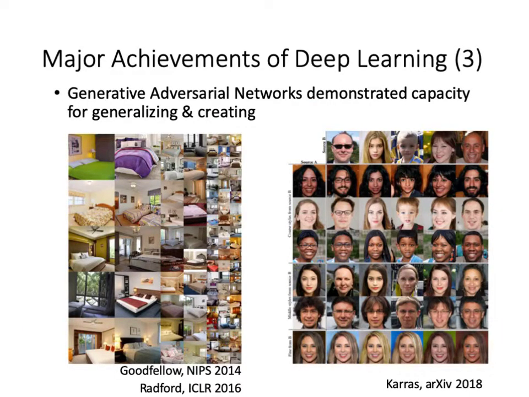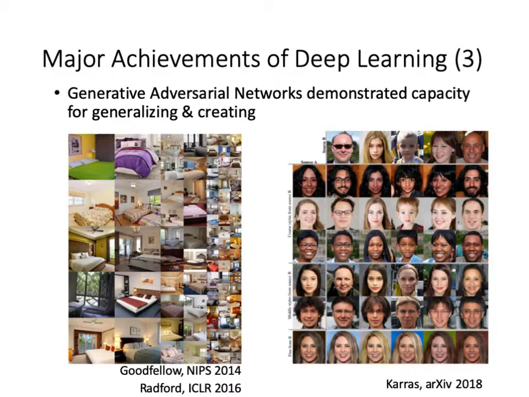And the third and most recent advance is that deep neural networks have been able to generalize beyond just being able to comprehend and locate objects or concepts within an image. The neural networks are now able to generate new instances of these concepts that they've never seen before.